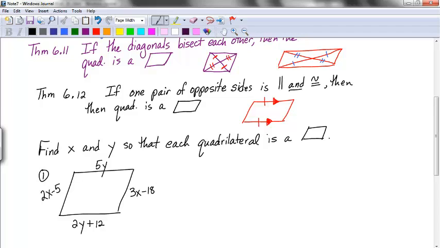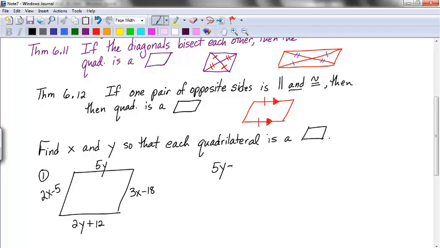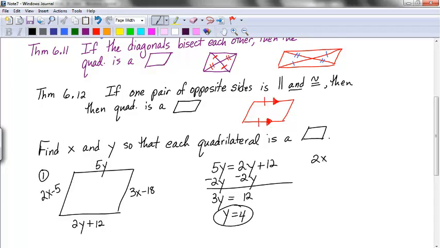Okay, take a minute. You agree? I get x equals 13, y equals 4.